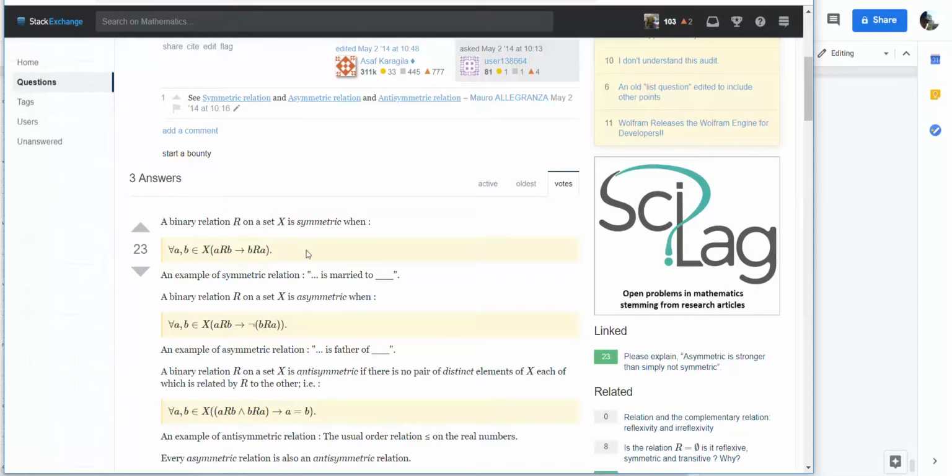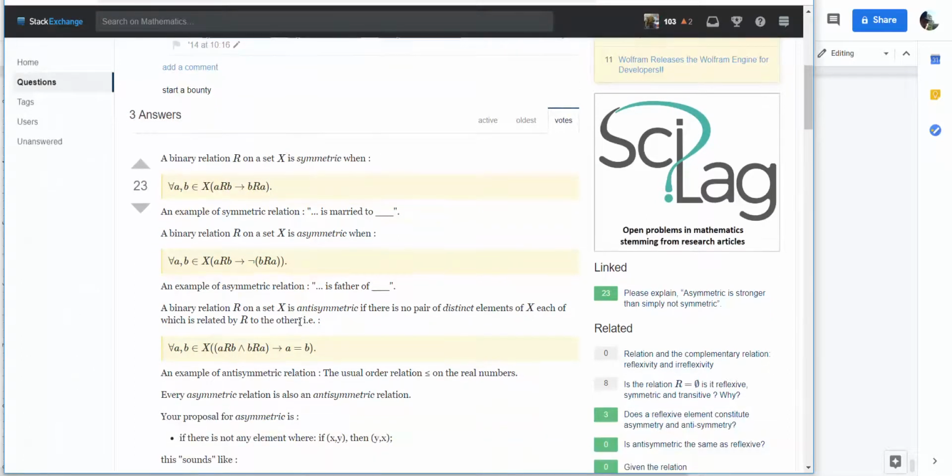So symmetric is not really a problem. The problem is in asymmetric and antisymmetric. So asymmetric is, father of. Okay, so antisymmetric.